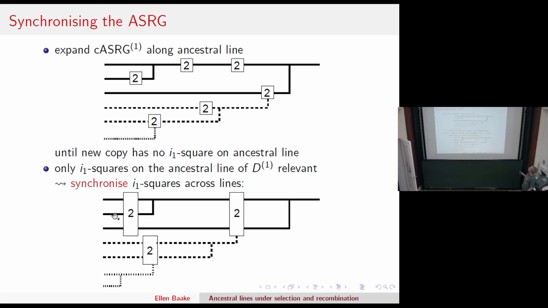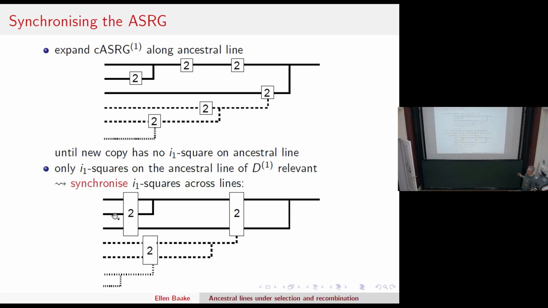And then you follow back the ancestral line of site 2, which at this point is the ancestral line of site 1, and I let this be the lowest line. It could be any of the lines, but I found it easier to make the picture if it's the lowest line. So here I then attach an independent copy, a new copy of this C ASRG1 for the remaining time.